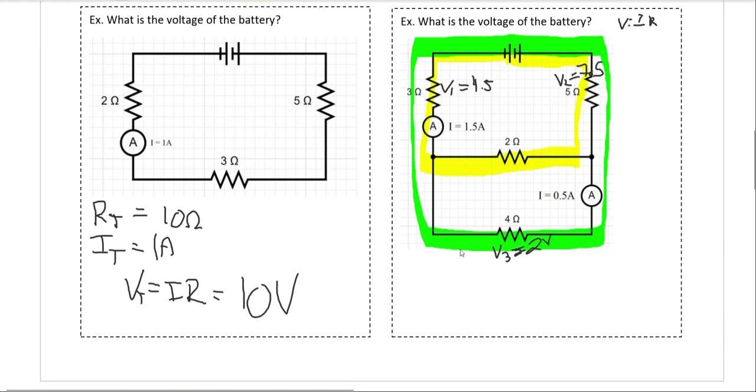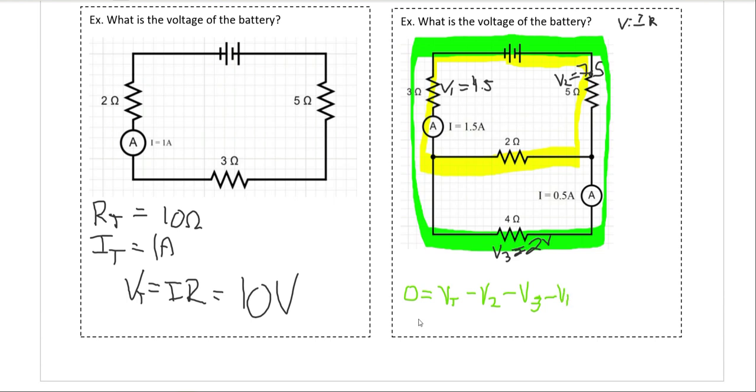If I'm looking at just my green loop, 0 is equal to the voltage from my battery, V total, and then if I follow through, it looks like it's, oh, sorry, not an equal sign there. I should subtract V2, follow along in my green loop. What comes next? Subtract V3, keep following along in my green loop, subtract V1.